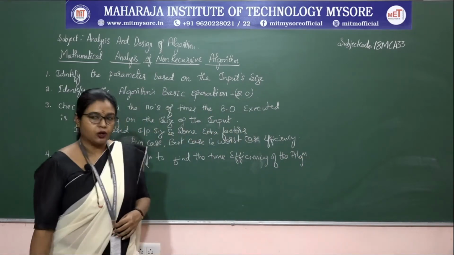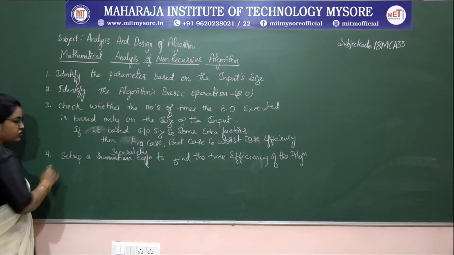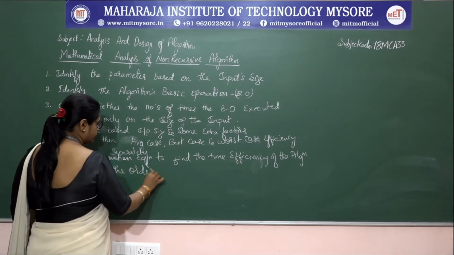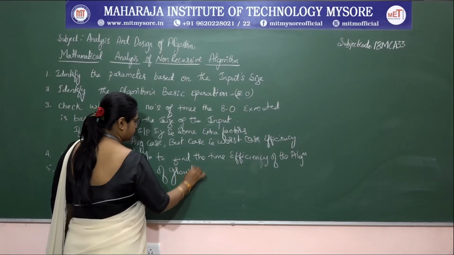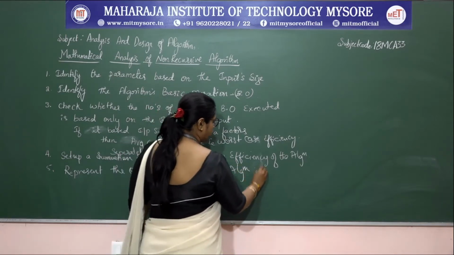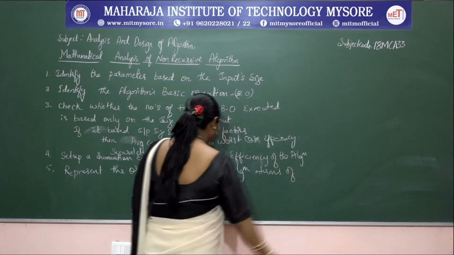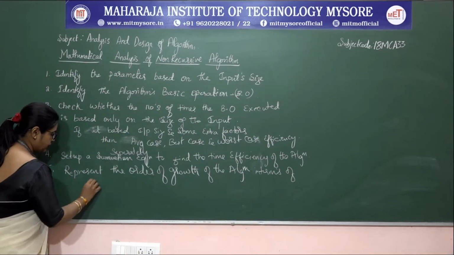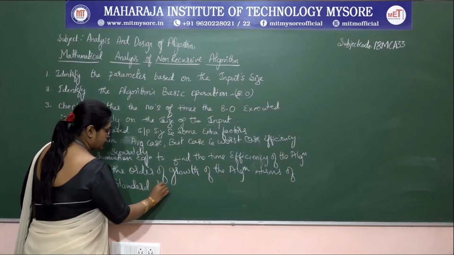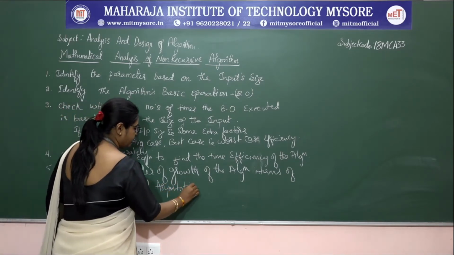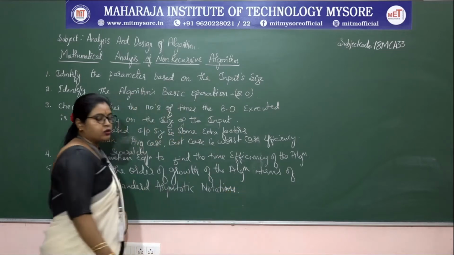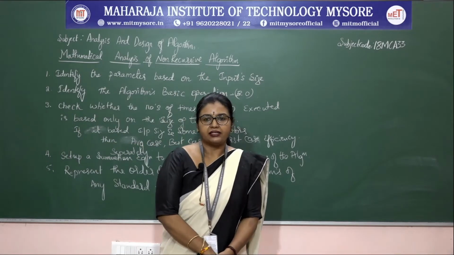Next, the fifth step is to represent the order of growth of the algorithm in terms of any standard asymptotic notations. So these are the 5 different steps for analyzing our algorithm.